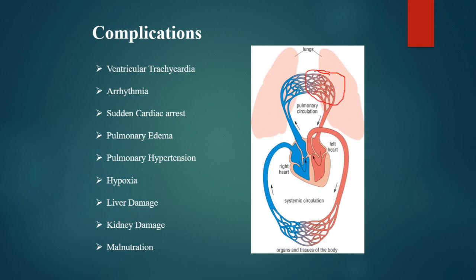In the pulmonary circulation, the capillaries are so thin that they cannot withstand the high pressure of the fluid. Hydrostatic pressure will be so high that these capillaries will not withstand that pressure. So fluid will eventually ooze out and accumulate in the pulmonary system. It eventually leads to alveolar edema and bronchial edema.